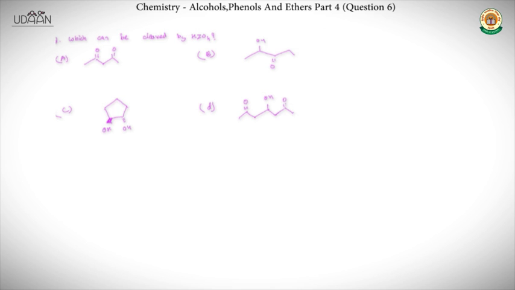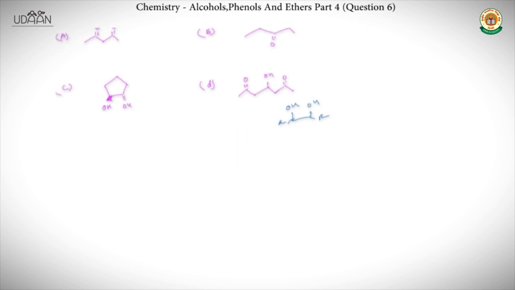Let us see what is the structure of HIO4. Glycol: OH, here R, or whatever. So let us see what is the general mechanism with HIO4.